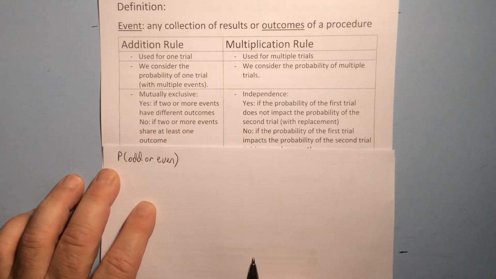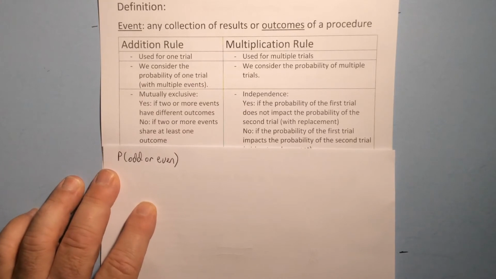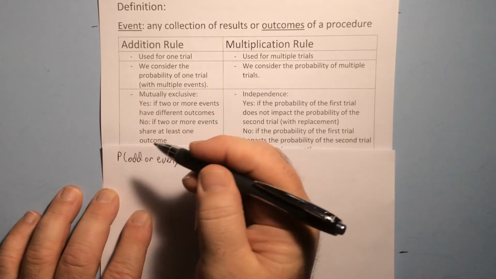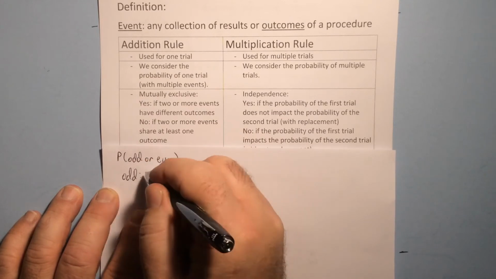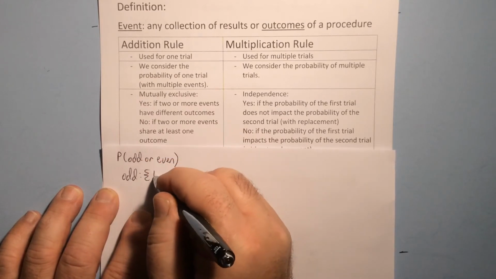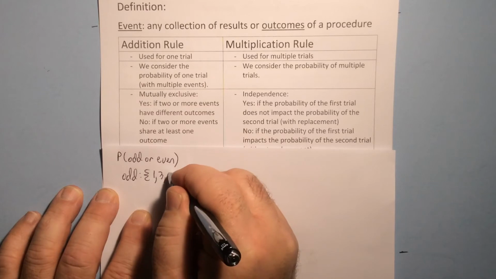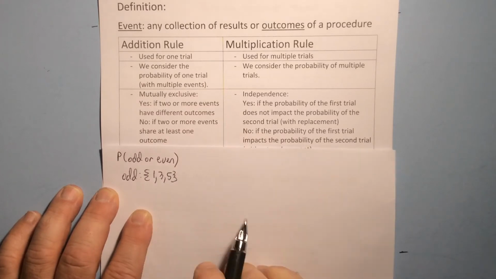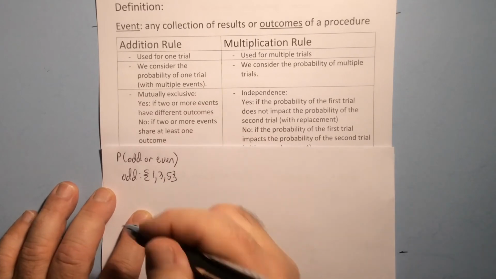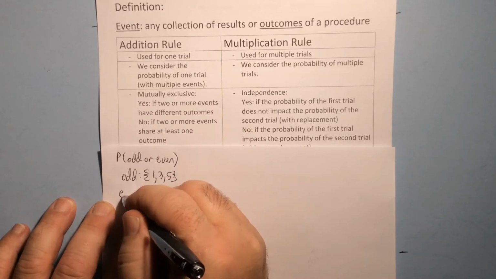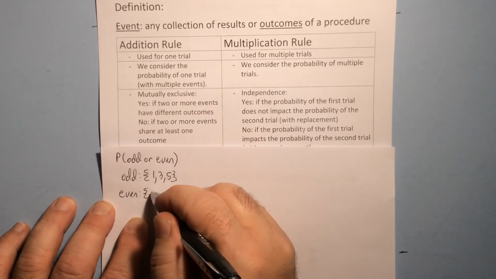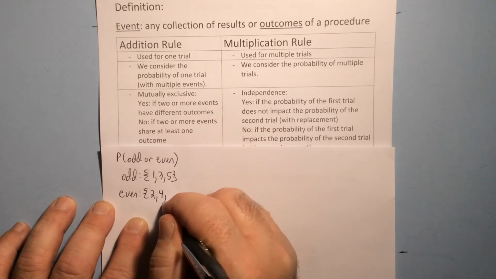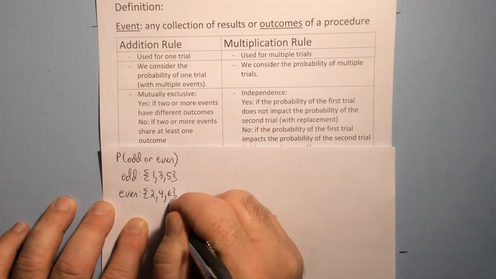Okay, and I want to know, are these events mutually exclusive? So let's just look at the sample space for an odd number. The sample space for this is going to be 1, 3, and 5. The sample space for rolling an even number is going to be 2, 4, and 6.